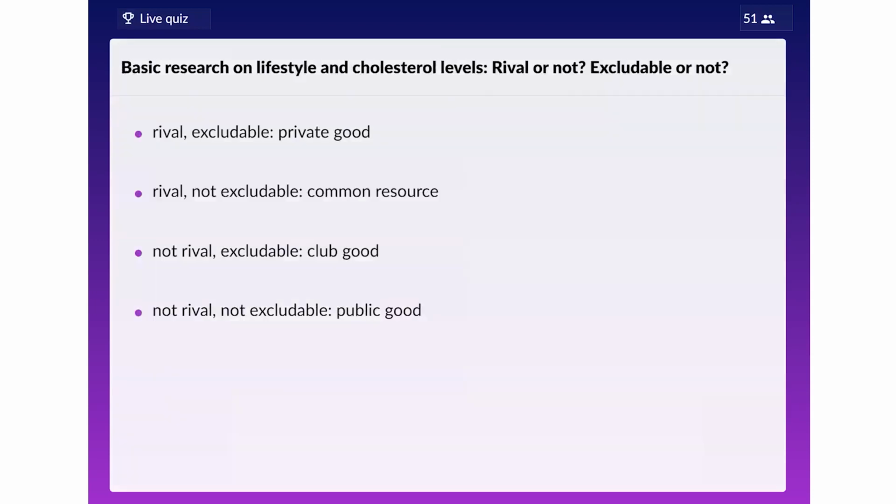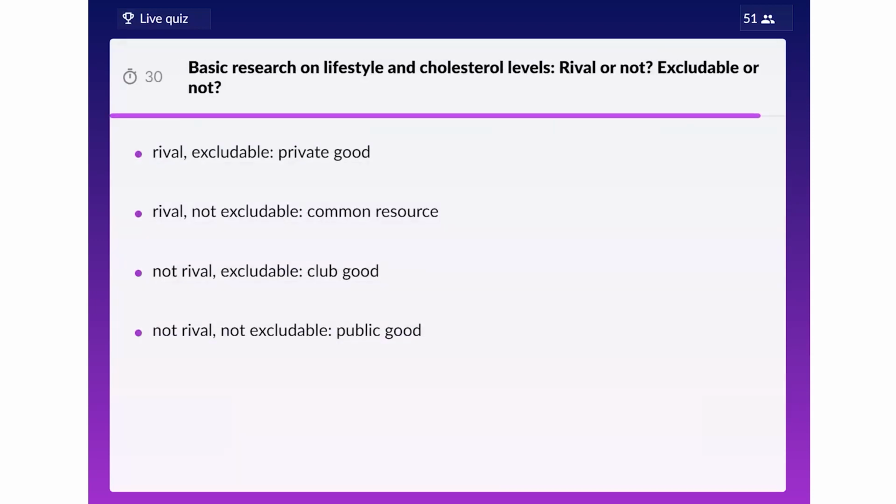Lastly, basic research on lifestyle and cholesterol levels. Is it rival or not, and is it excludable or not? And of course, depending on your answers, it could be a public good, which is not rival, not excludable, or a club good, which is excludable, but still not rival, or common resources, which is not excludable, but rival, or both excludable and rival, which is a private good.